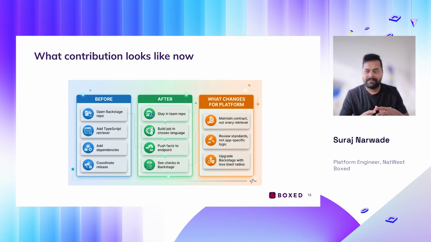For the platform team, that means the review surface moves away from arbitrary retriever code towards the standard contract and trust boundaries. Now, you might say you're still touching the Backstage repo, right? But we are just adding the YAML configuration. That's it. And that can be very easily managed and maintained.